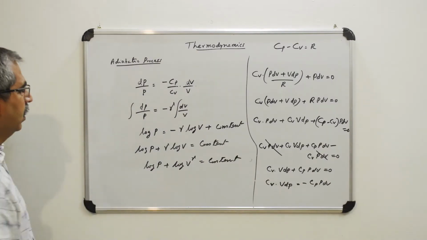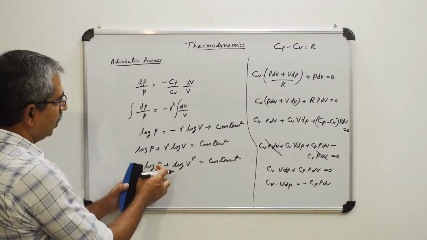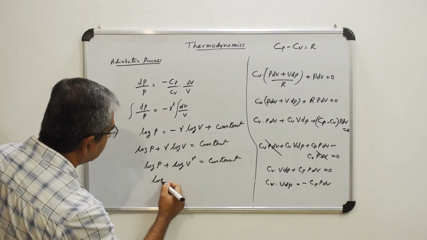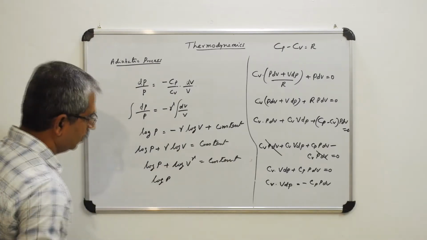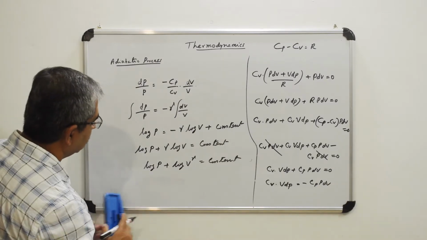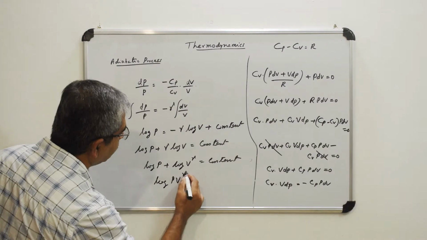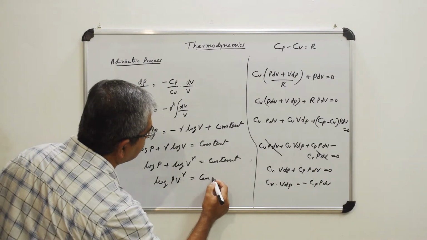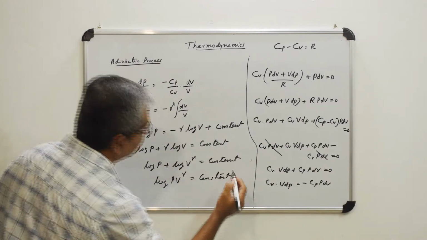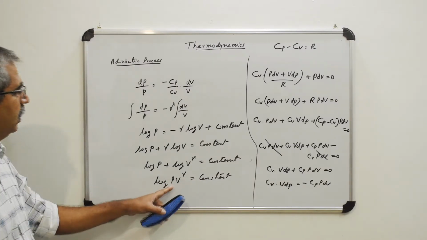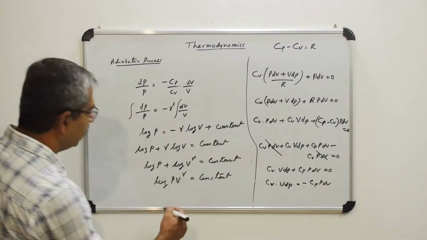Okay. Now we combine these two, log A plus log B, that is log P V raised to gamma equal to a constant. If log P V raised to gamma is equal to a constant, that means P V raised to gamma is equal to a constant.